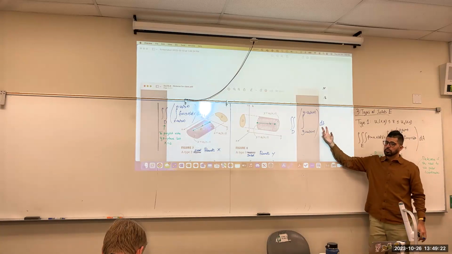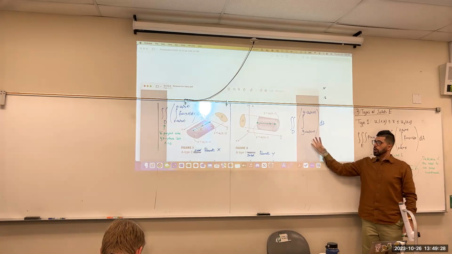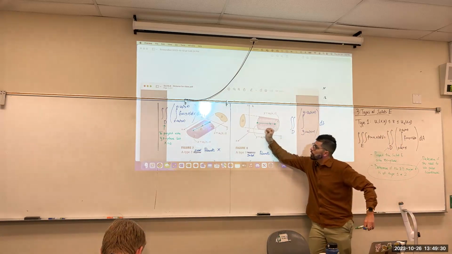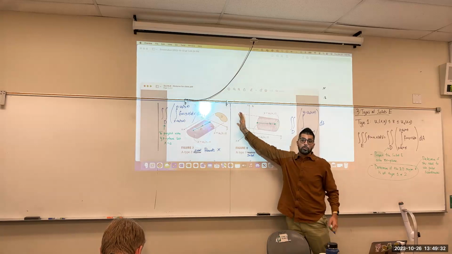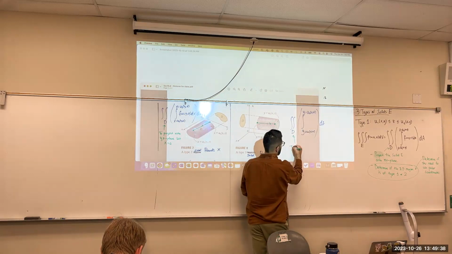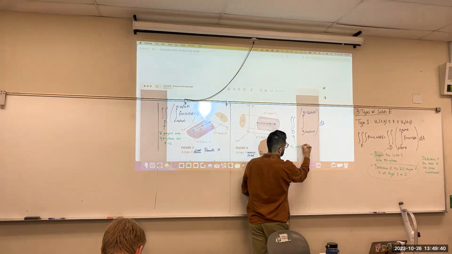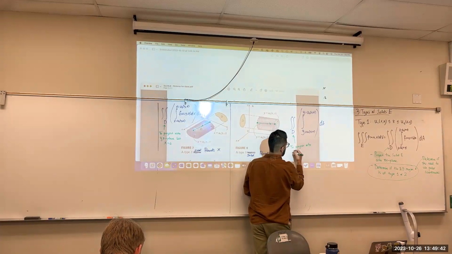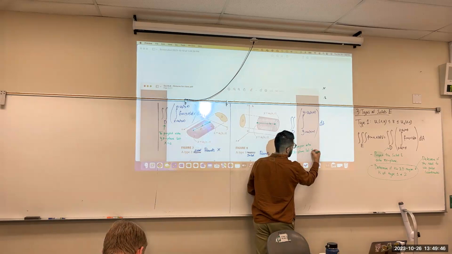What are the two variables that you need now for this? You're going to need x and z, right? So your solid, you're going to project it onto the xz plane, where y is always 0. So you're going to project onto the xz plane, let y equal 0 now.